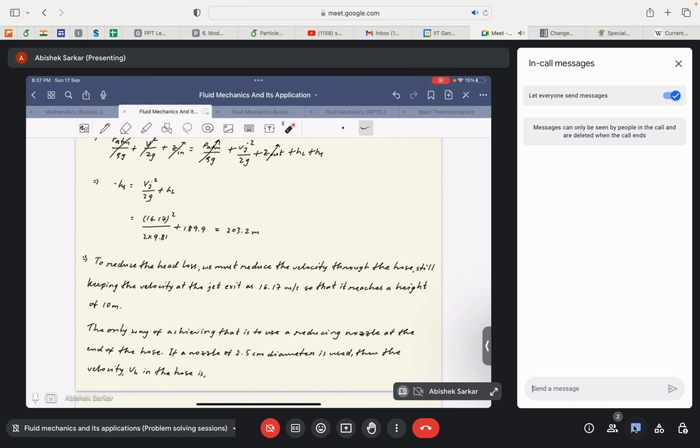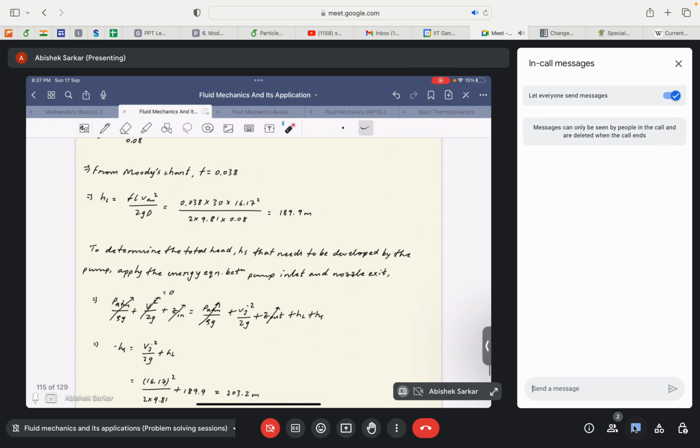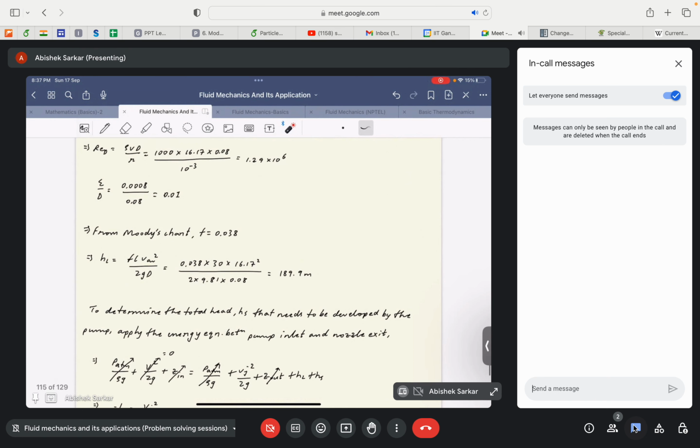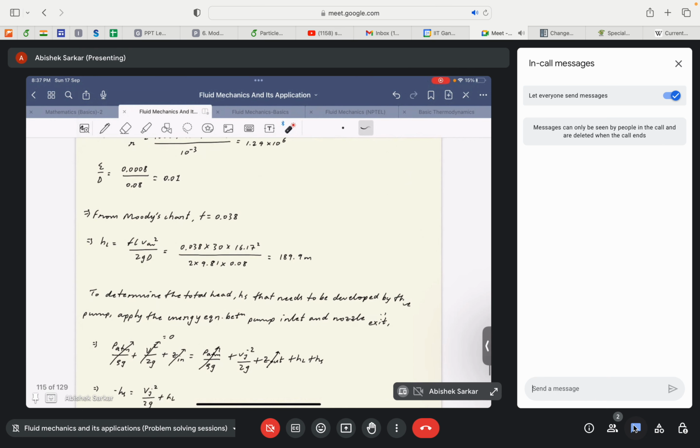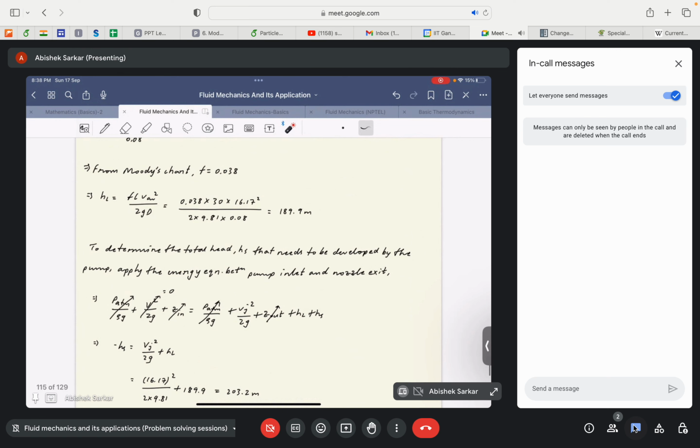Why? Because you can clearly see that most of this 203.2 meters comes from this term, 189.9 meters, and this is high because the velocity in the hose or pipe is very high, 16.17 meters per second.